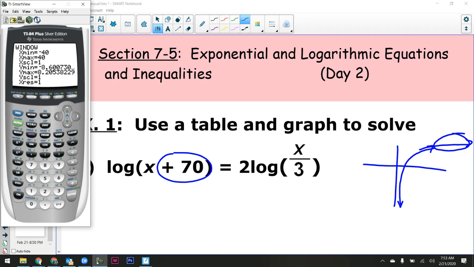Let's just hit window and then go to X minimum as 80. Do I need that big of an X maximum? Not really. Let's put it back to like 20. Maybe I should have kept it at 40. Let's keep it back at 40. Here we go.